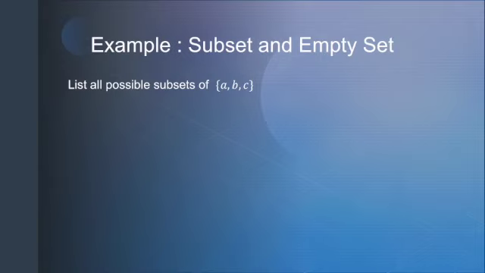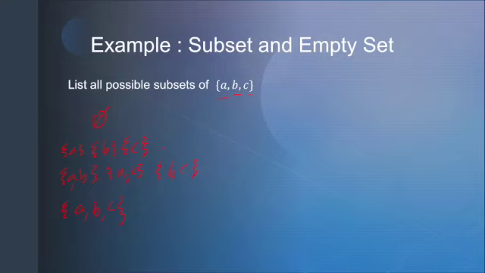So for example, let's find all possible subsets of A, B, C. Because this is a set with 3 elements, I can have subsets of the empty set, sets with 1 element, sets with 2 elements, remember we separate them with a comma, or sets with 3 elements.